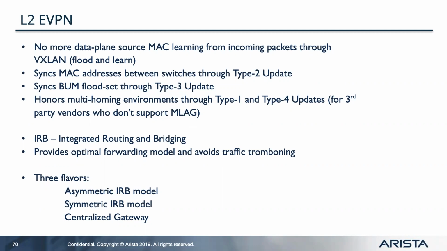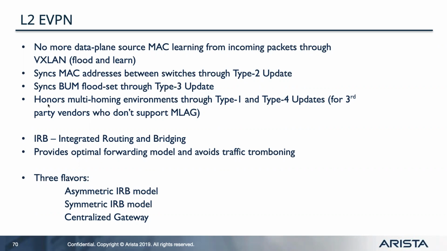But now, as soon as your local VTEP learns the MAC, it will advertise it as a type 2 route, with MAC and ARP information. MAC address is synced through the type 2 update. BUM flooding with HER, head-end replication, you don't have to configure manually. That also will be synced automatically by the type 3 update.